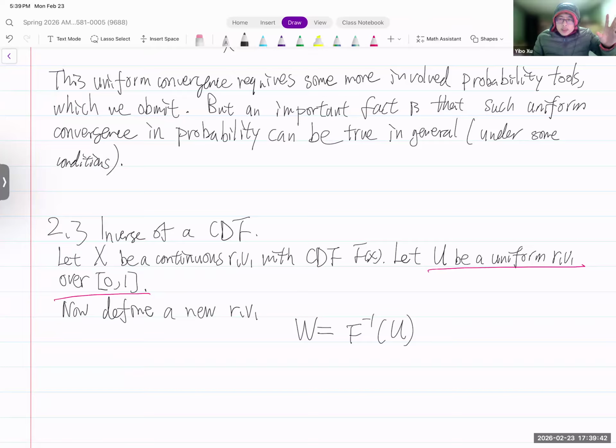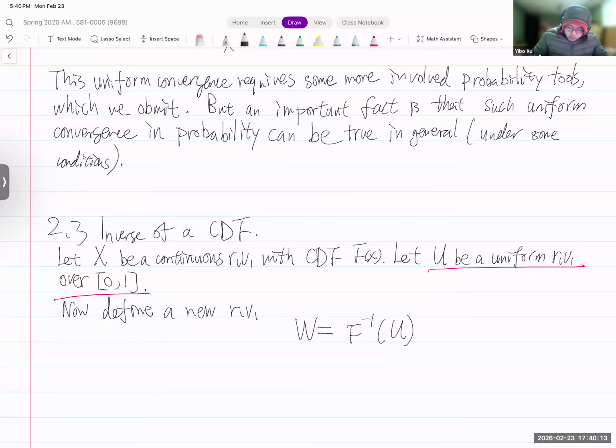Now we have its inverse. Remember why it has an inverse. It's a continuous random variable, so the CDF has no jump. It's of course monotone, so you would be able to invert the CDF function.